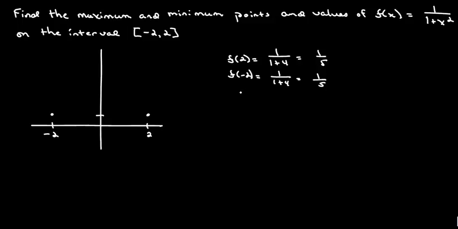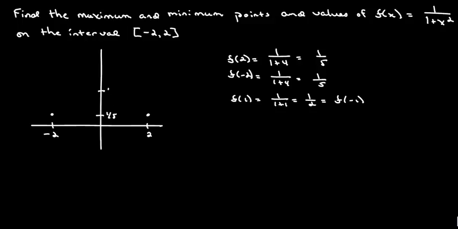Now if I pick values like f at 1, f at 1 is 1 over 1 plus 1, which is equal to 1/2, which is also equal to f at negative 1. And again, that's the definition of an even function. So let's go up here to a height. We said this was 1/5.